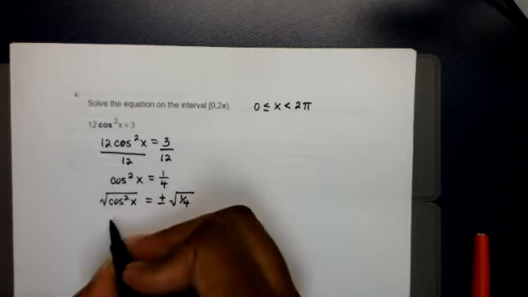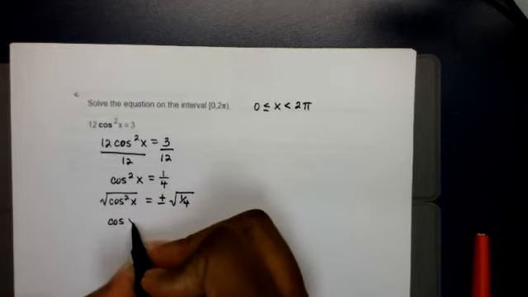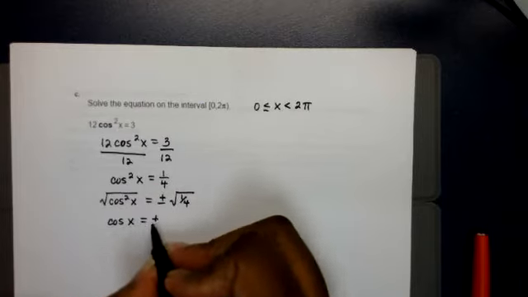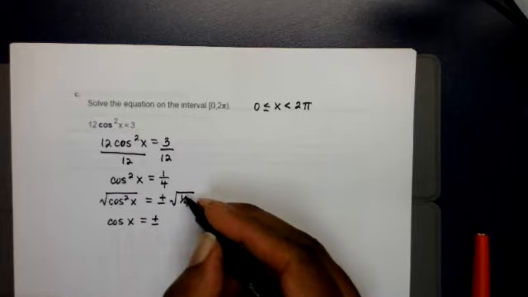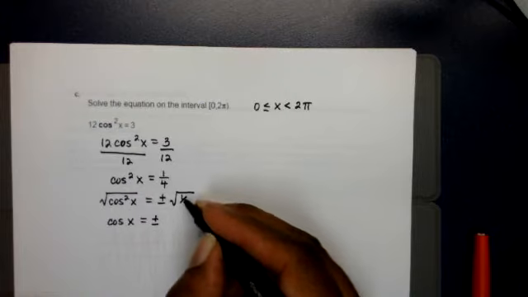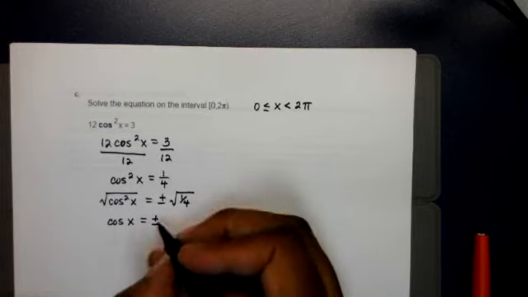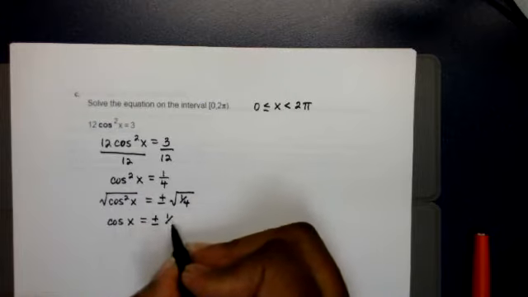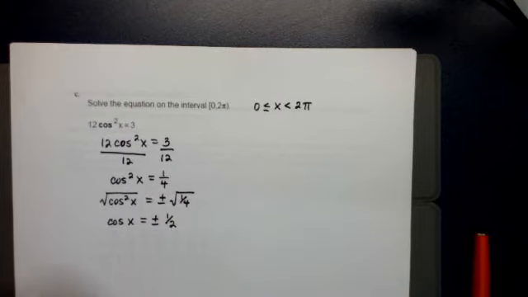So the square root of cosine squared x is just simply cosine x, equaling plus or minus the square root of the numerator and the square root of the denominator. The square root of 1 is 1 over the square root of 4, that'll be 2. So I got cosine of x is equal to plus or minus 1/2.